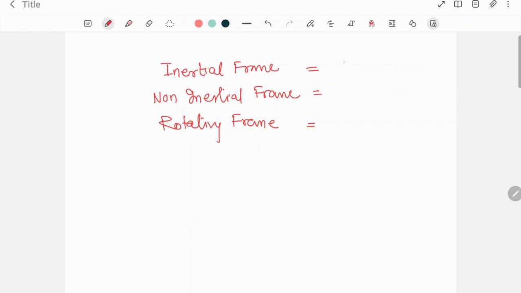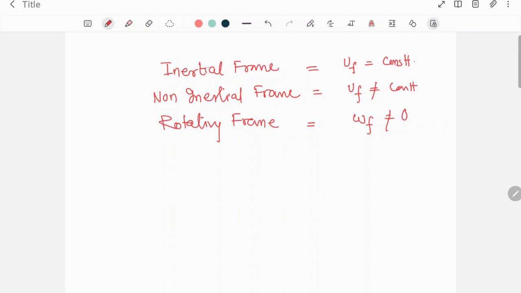In which you can say u of frame is equal to constant. That is the inertial frame, that the frame velocity is constant. Then the non-inertial frame, where u of frame is not equal to constant, that is, an accelerating frame. And the rotating frame is one in which omega of frame is not equal to 0.